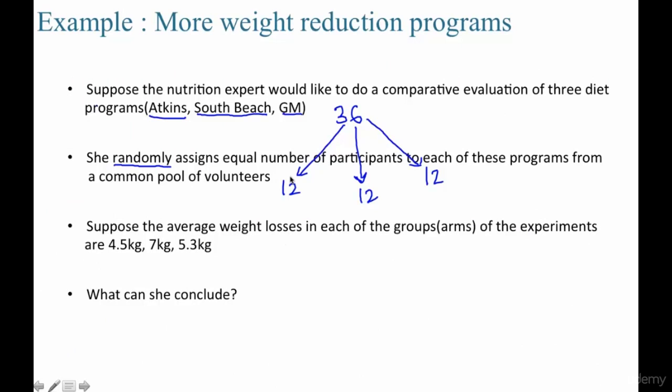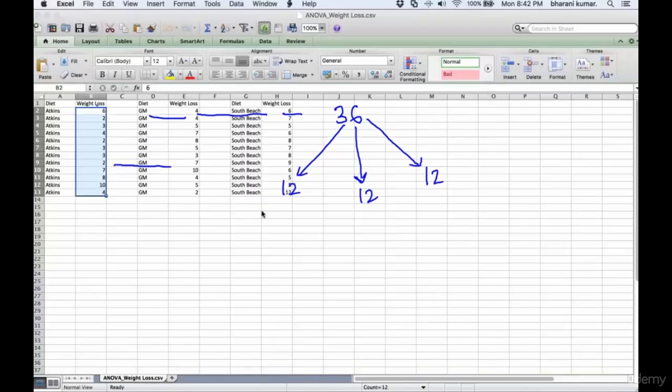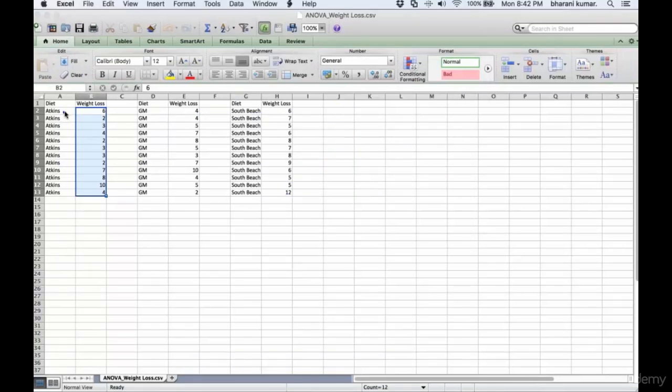And the people who are assigned to Atkins, South Beach or GM, all these 12 people tend to lose some weight. So here we go. This is the underlying data set. The first person has lost 6 kgs, second person has lost 2 kgs, third person has lost 3 kgs, fourth person has lost 4 kgs, so on and so forth.